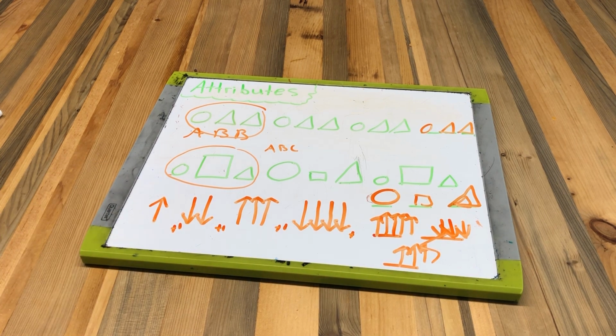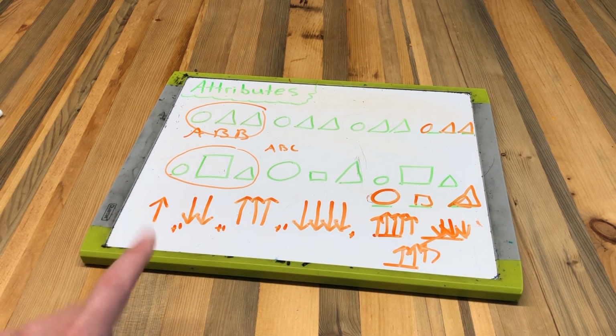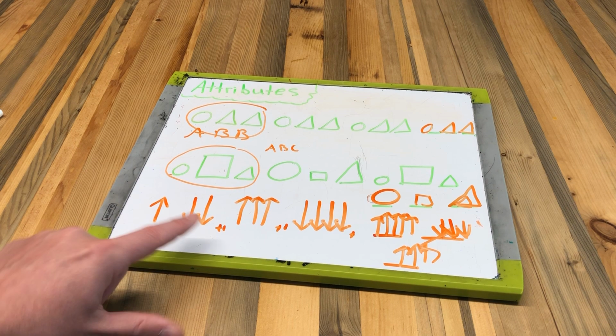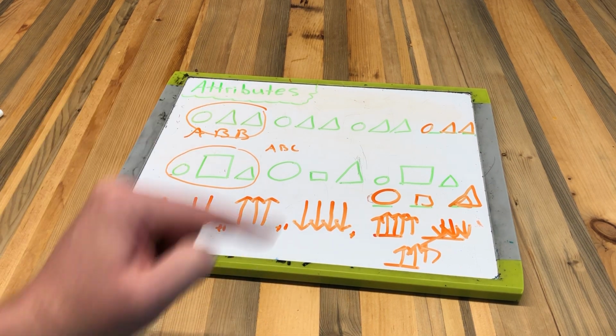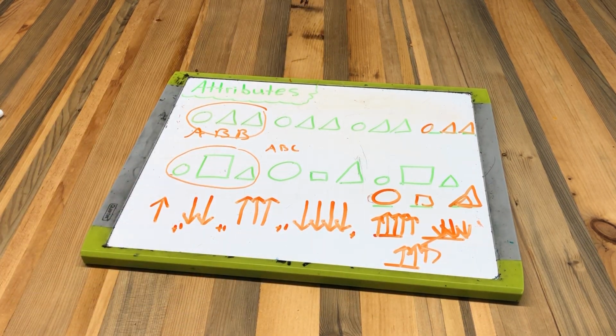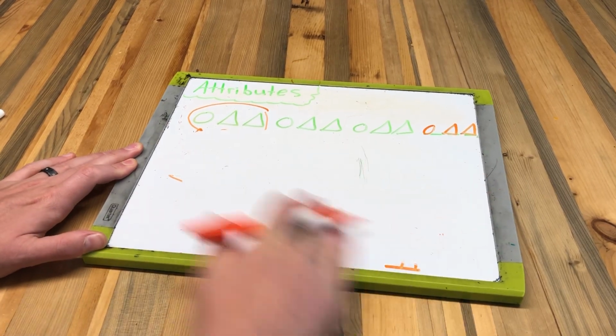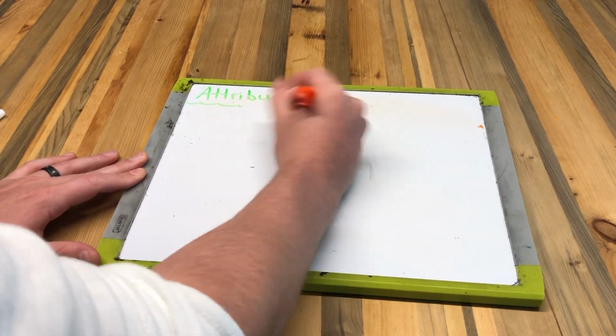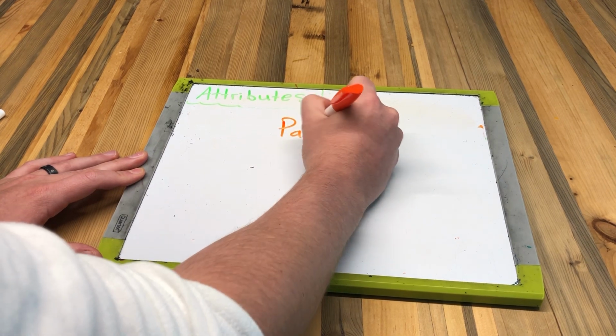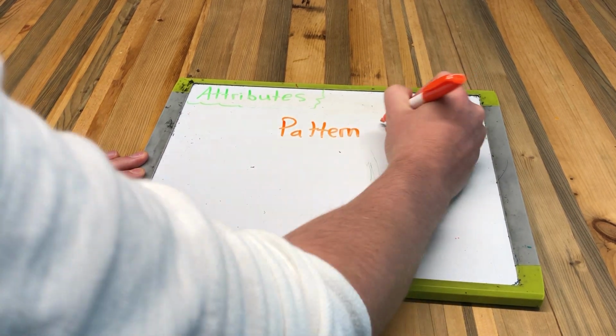So the two things that are happening there, the first thing is it's an A-B pattern. Up, down, up, down, up, down. But the second thing is, and this is how you would describe the pattern rule.